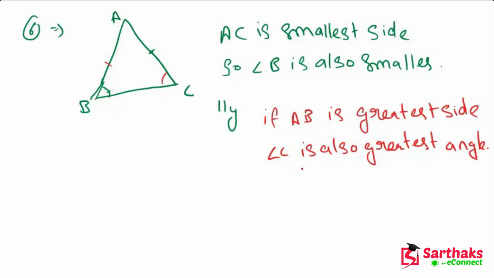Okay, I hope you understand these things. So the shortest side is always opposite the smallest interior angle, and similarly the longest side is always opposite the largest interior angle. Okay, so my dear friends, I hope you understand these things. Now let's move on.